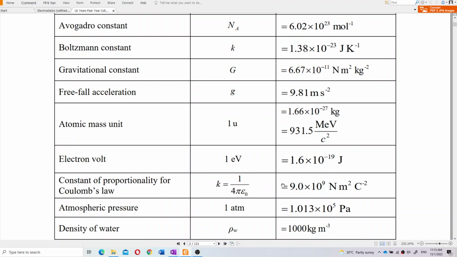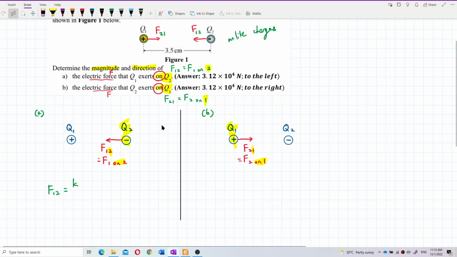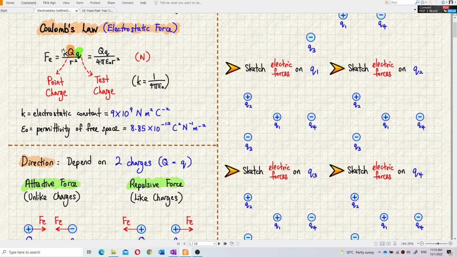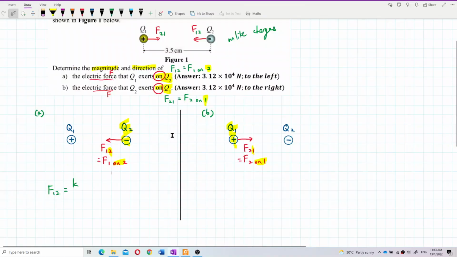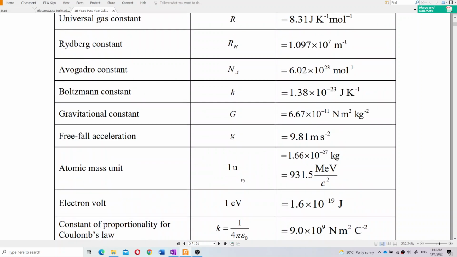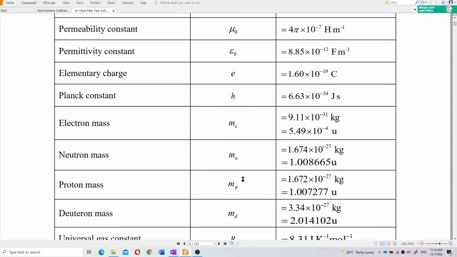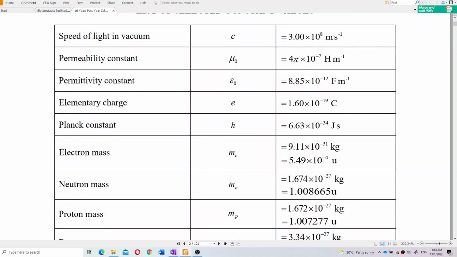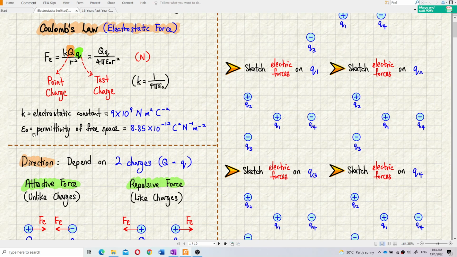The K is at the bottom here, the value of K, 9 exponent 9. If you want to use the other formula with epsilon naught, you can also find epsilon naught over here. Permittivity constant epsilon naught is 8.85 exponent negative 12 farad per meter, the permittivity of free space.